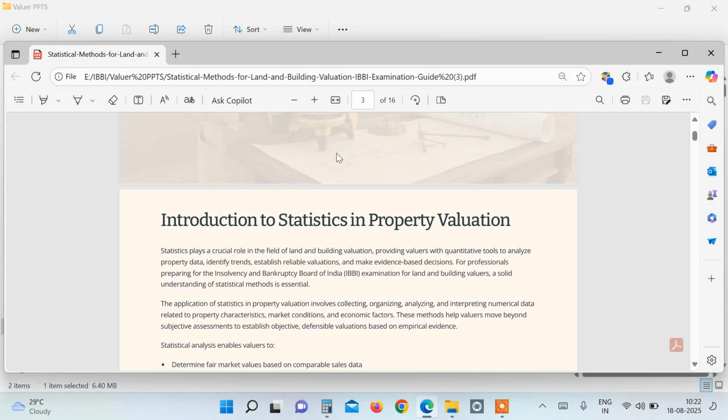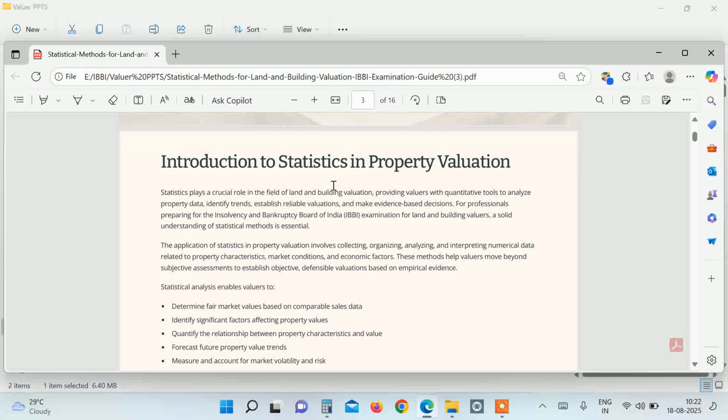In this slide, we will guide you about statistics in property valuation. Statistics plays a crucial role in the field of land and building valuation, providing valuers with quantitative tools to analyze property data, identify trends, establish reliable valuations and make evidence-based decisions.